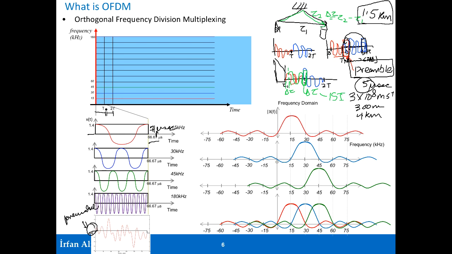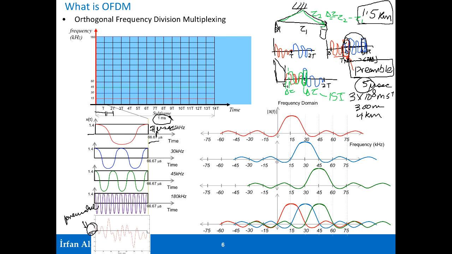It also comes out to be an interesting math that if you do 71 microseconds and you have 14 of them, you end up with something which is very close to 1 millisecond. And this 1 millisecond, 14 OFDM symbols in the time domain, constitute what is a subframe in LTE.